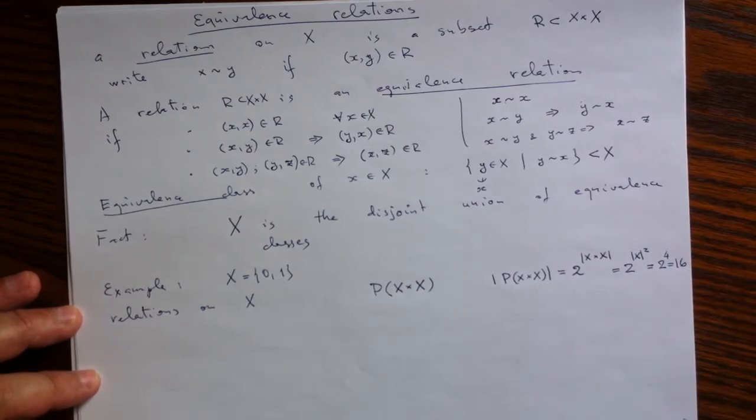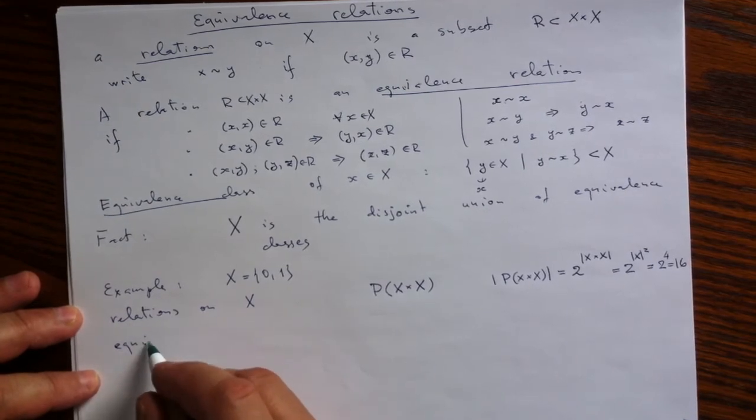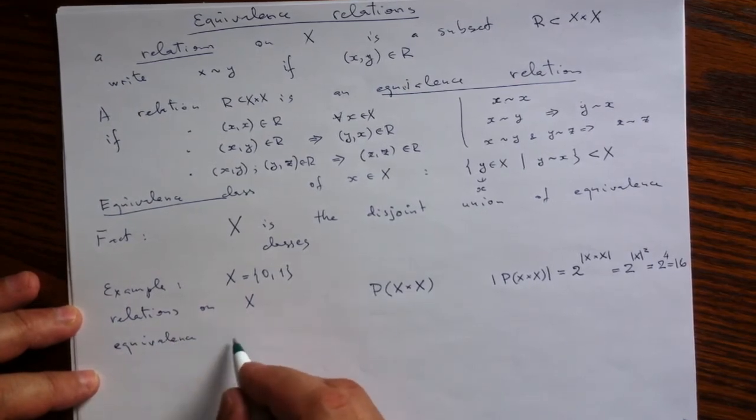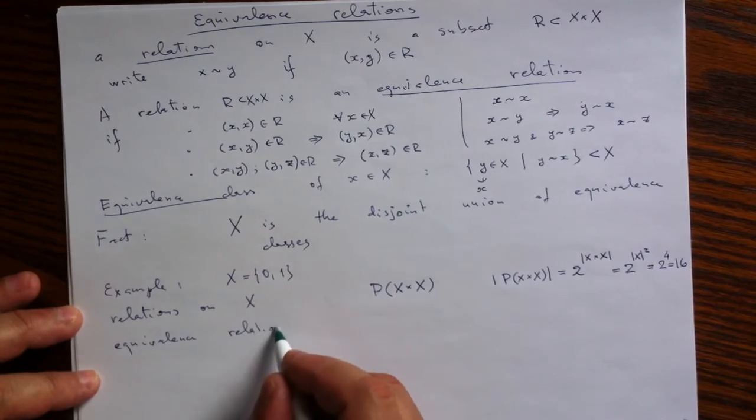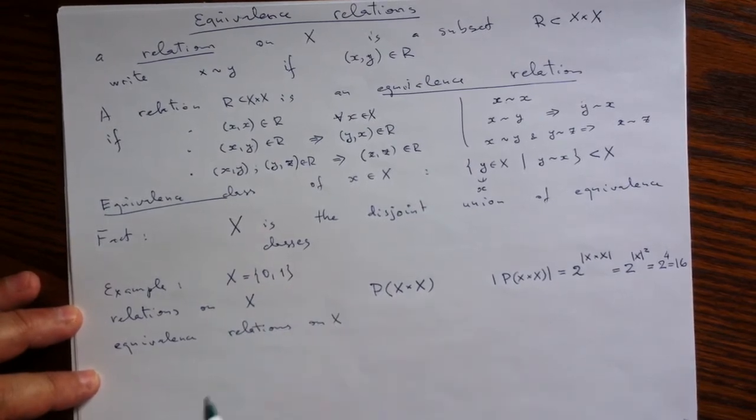So it's a bit too much to list them all on this leftover of the paper, but it's easier to list equivalence relations on X, just according to this general principle that X broken into a disjoint union of equivalence classes is as good as an equivalence relation on it.